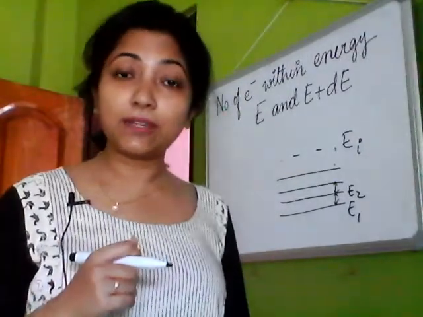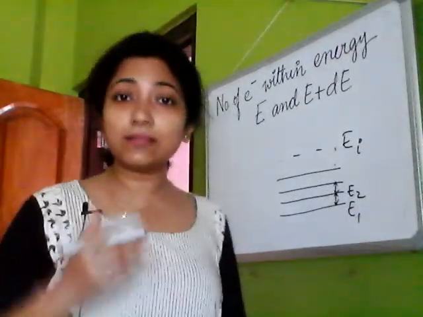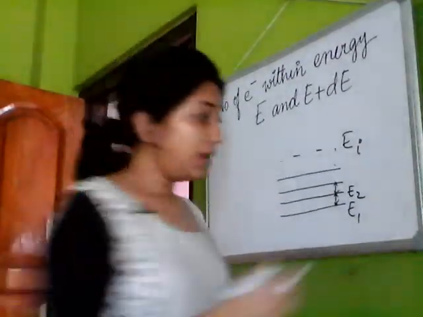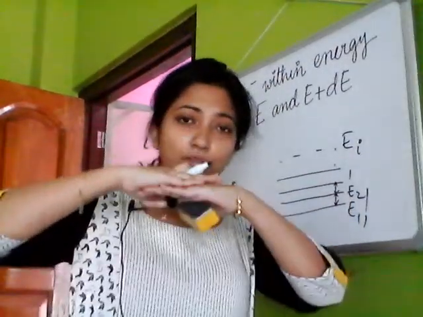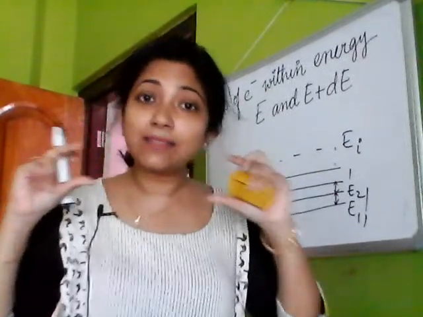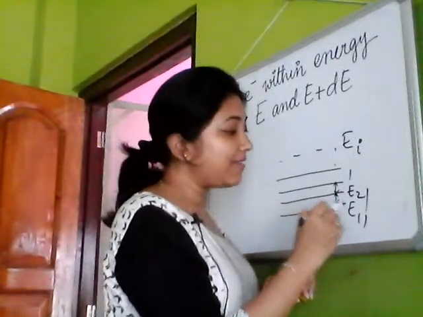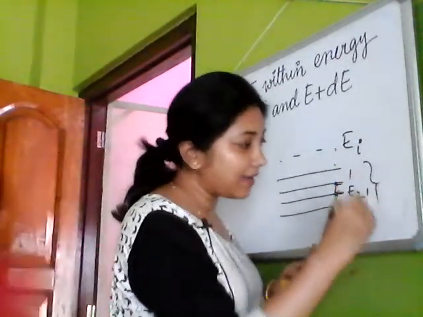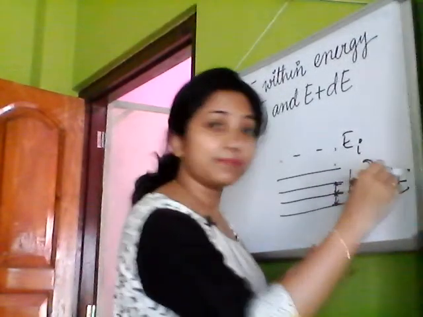very less, right? So when I look at the system from outside, E1, E2, E3 are as if very close to each other. They are superposing on each other. So we can consider this to be a band, isn't it? We can consider E1, E2, E3 as a band of energy dE.